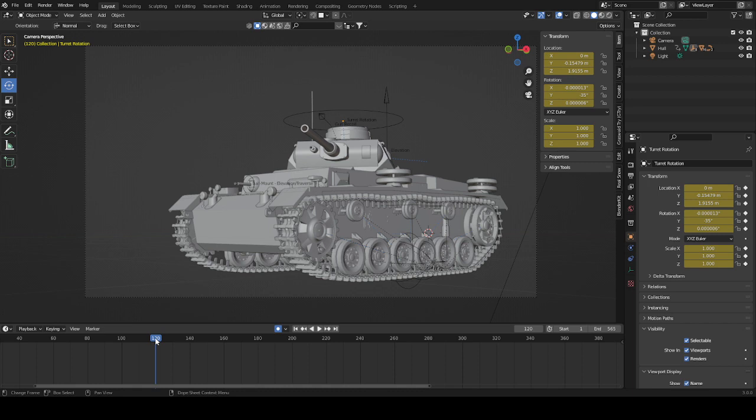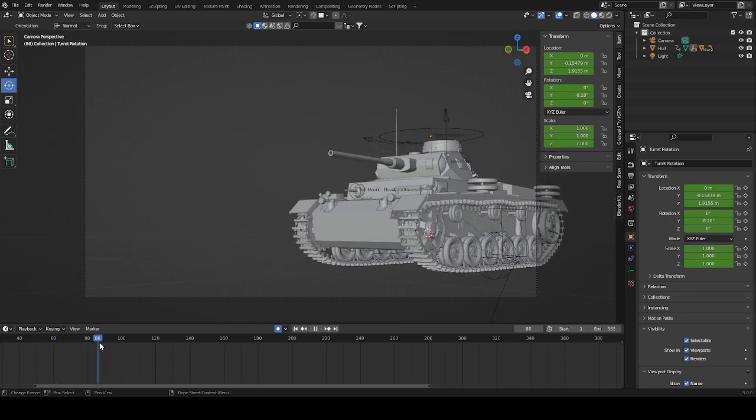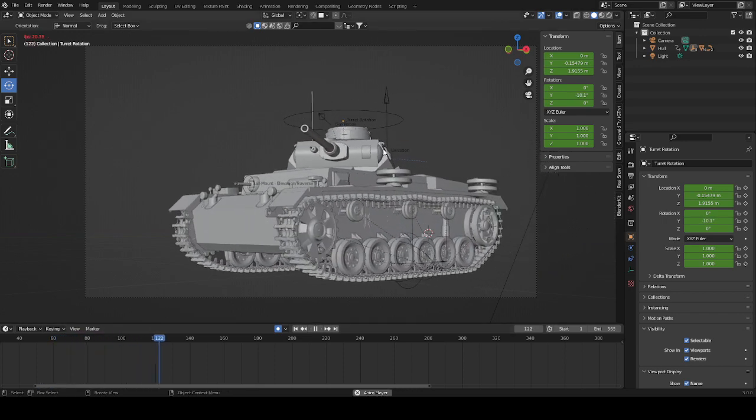Let's take for example turrets on early tanks. The Panther 3 here is an exception, but most early tanks had hand cranked turrets, meaning somebody sat in the turret and hand cranked the whole turret, which leads to pretty slow traverse rates. The Panther 3 only can achieve a pretty high traverse rate due to its electrical traverse in the turret, which is a pretty new thing for that time frame.